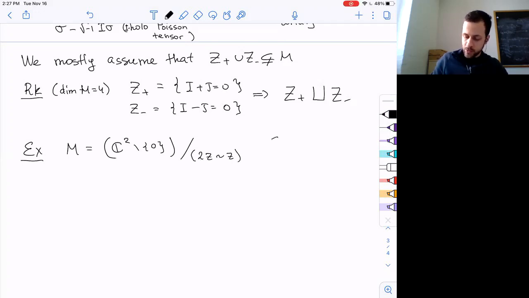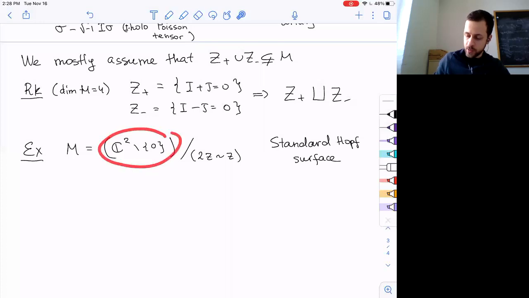So this is the so-called standard Hopf surface. On this Hopf surface, it's naturally a complex manifold. It has a complex structure which it inherits from C2, and it also has a special metric, which I will call cylindrical.